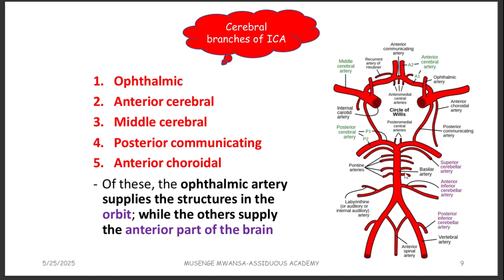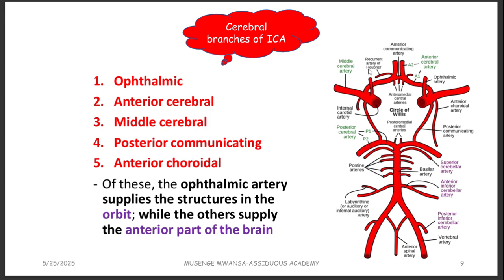On top of PICA, we have got these two small branches, which we call the pontine branches. They're supplying the pons. And then just on top, you have got now the superior cerebellar artery. Immediately after the superior cerebellar artery, you have got the posterior cerebral. So remember, the posterior cerebral is coming from the basilar artery.